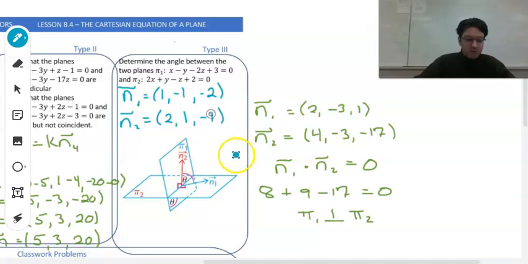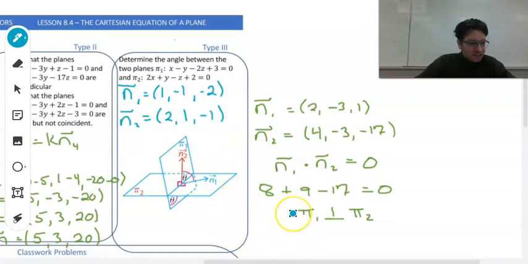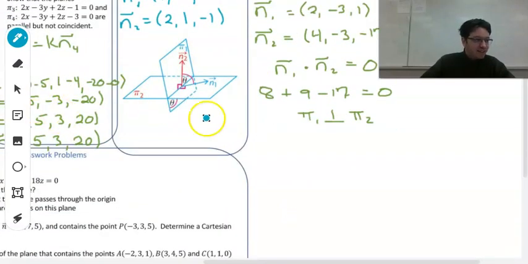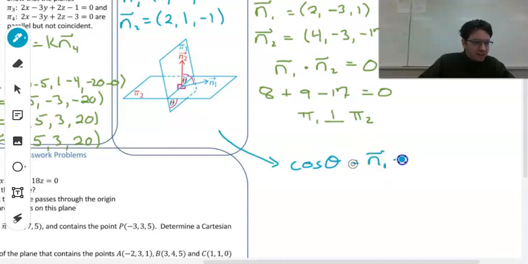So if you remember the geometric dot product, I'll write it again down here. We can rearrange so that cos theta equals the dot product between N1 and N2 divided by the magnitudes of those vectors.